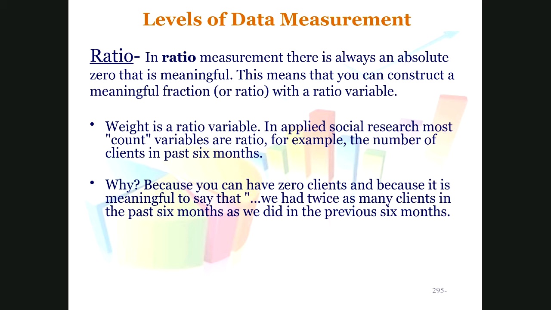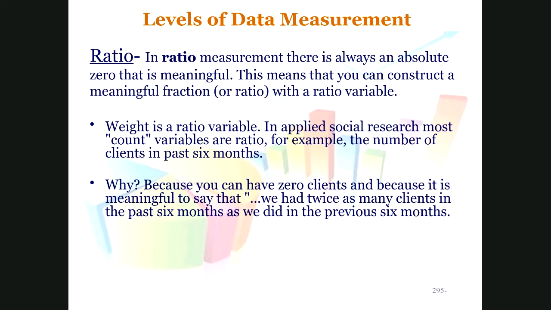So weight is a ratio variable. Theoretically, and I don't want to get into nitpicking about this, somebody could weigh 0, and somebody could weigh infinity. We don't know. I'm saying theoretically, okay?